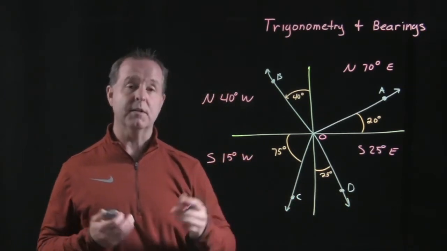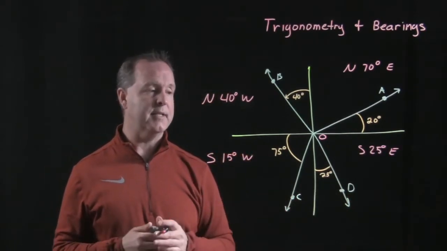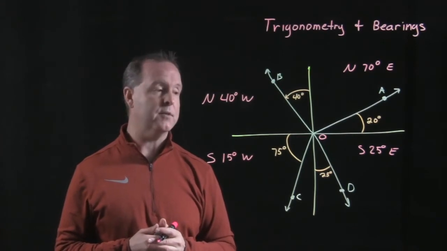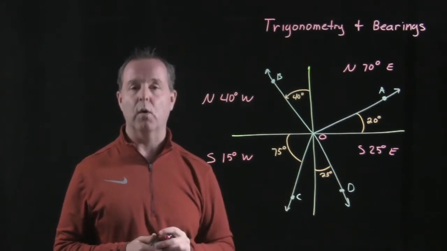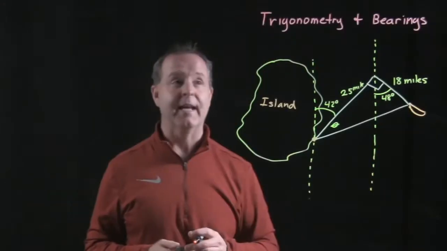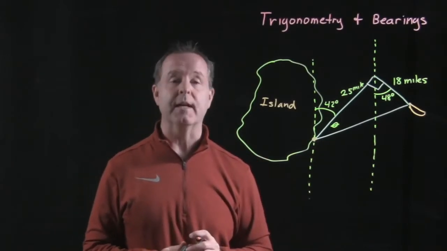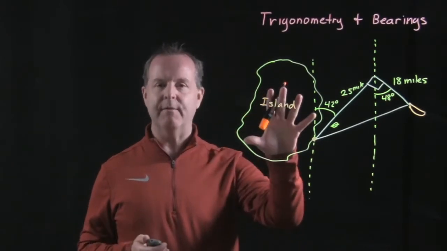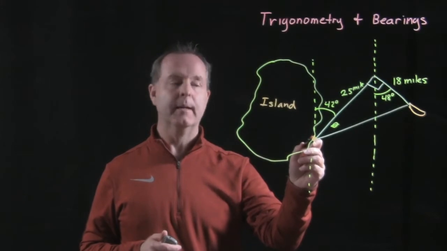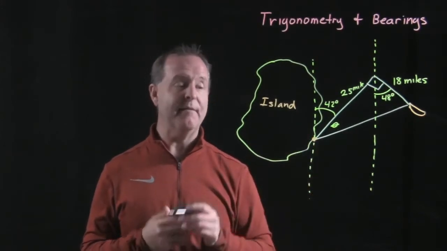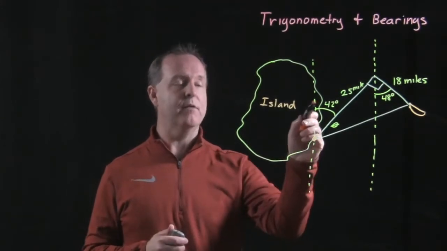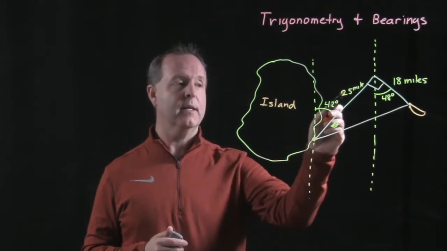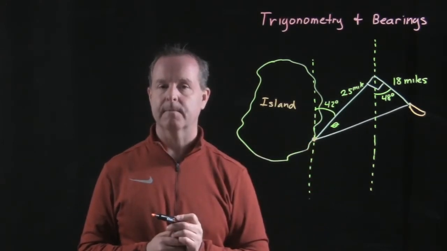So there's a little bit of using some trigonometry, some understanding of complementary angles, and then directions: north, south, east, west. Here's another example where we can use trigonometry and bearings. Imagine that we have an island with some harbor, and we have a boat that left that harbor on a heading of north 42 degrees east and went for 25 miles.